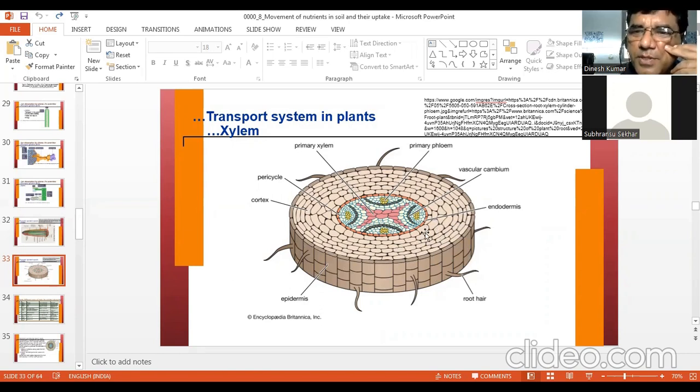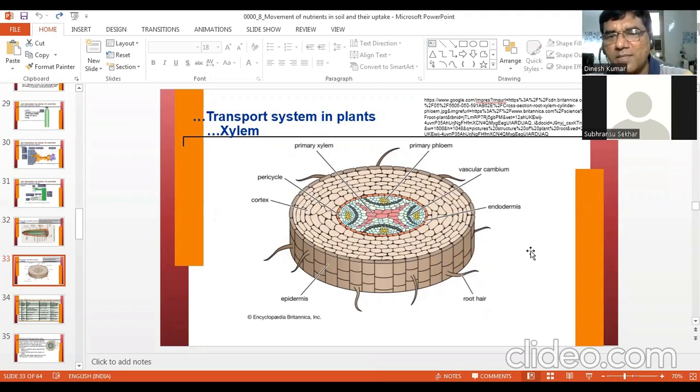It will vary with the species, and this is your cortex area. And then you get endodermis. One endodermis is there, and then one pericycle inside the endodermis. So this is one cell layer. Inside the endodermis is your pericycle, and then in the center it is xylem, surrounded by phloem.